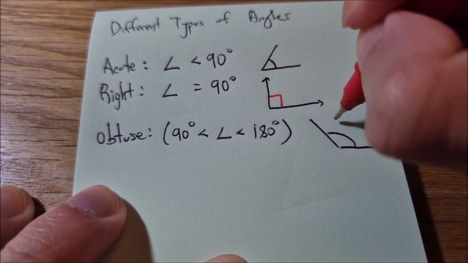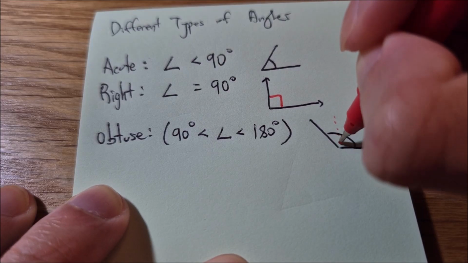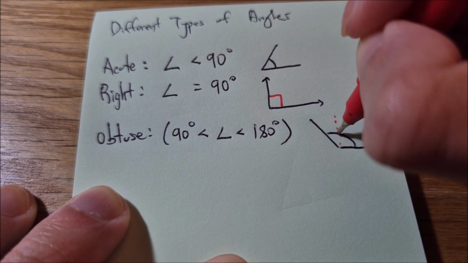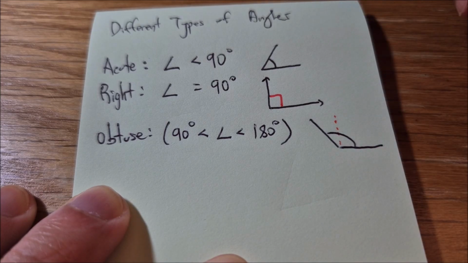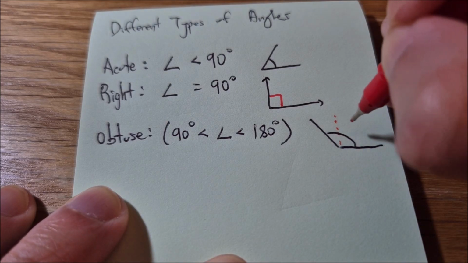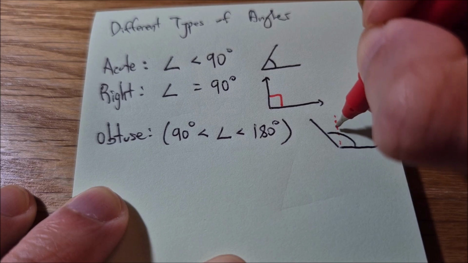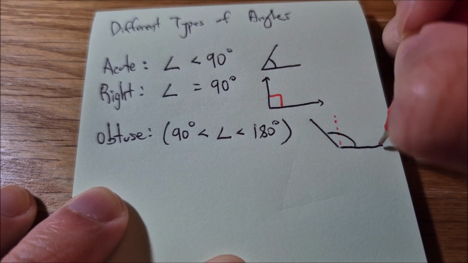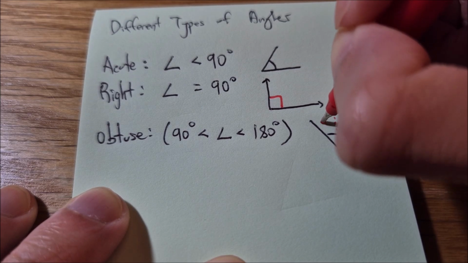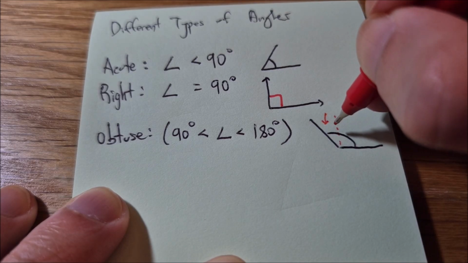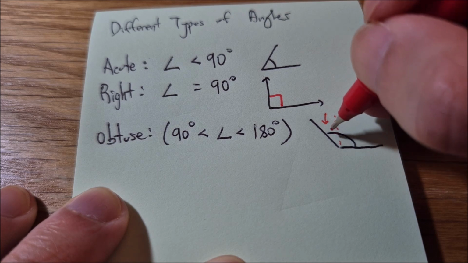And as you can imagine, you can draw an imaginary vertical line, and we can see that this is a right angle, and then this is the extra angle that makes it above 90 degrees.